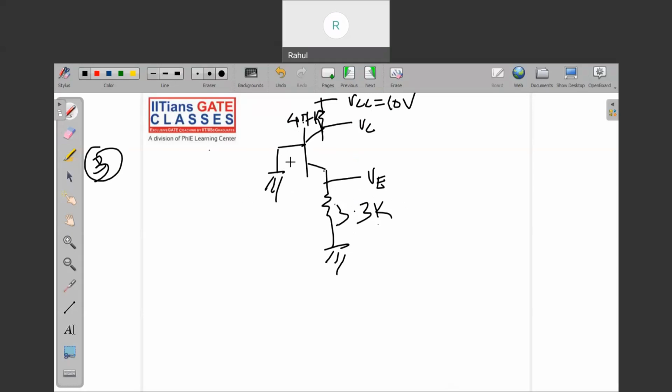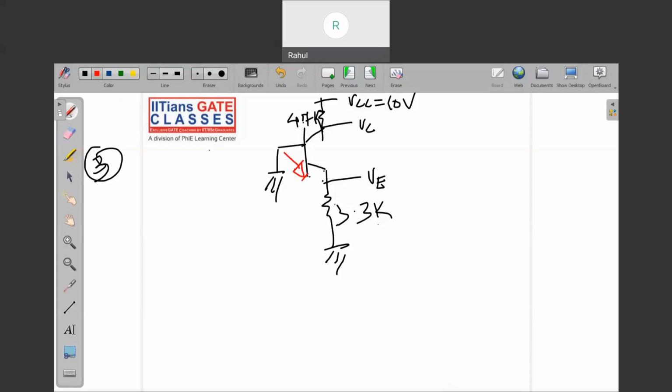If the base is grounded, you can't get 0.7 here. In order to have the 0.7 voltage here, you need some voltage. So you can say the diode is connected between these two terminals.